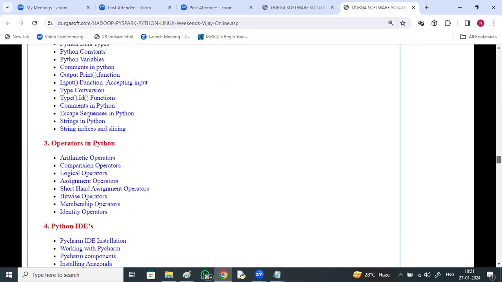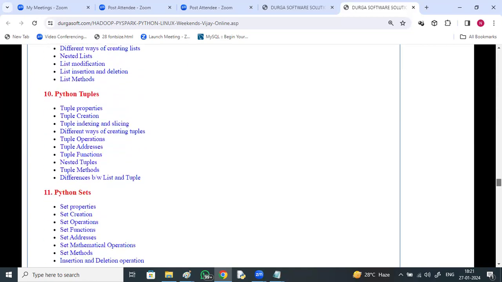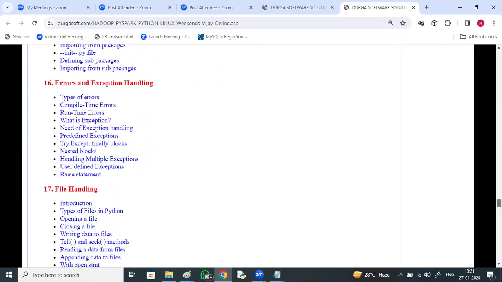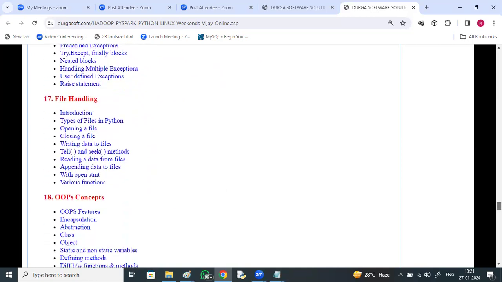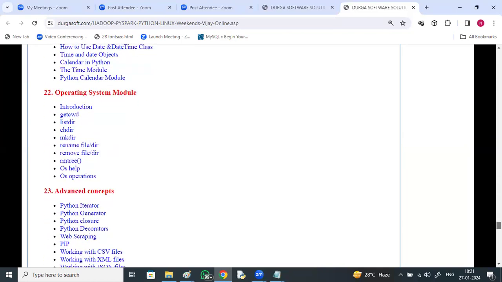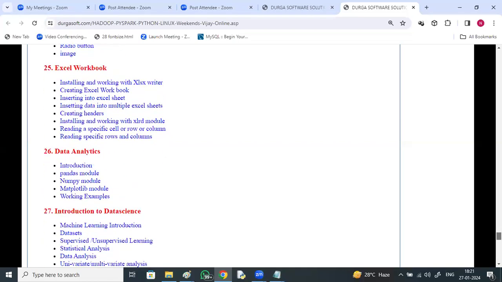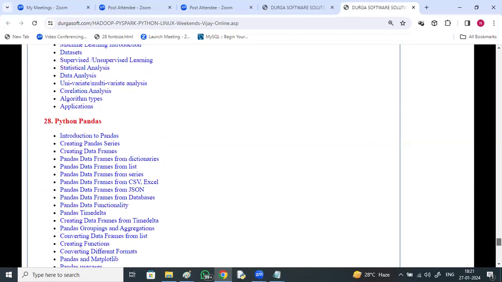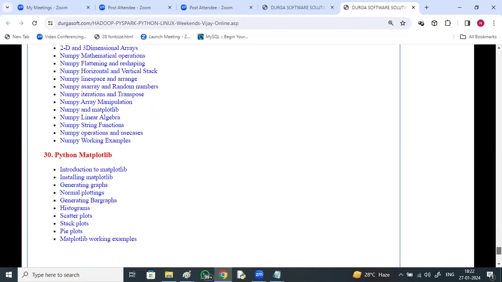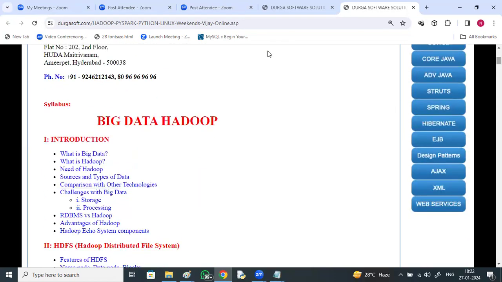Python basics, operations, operators, IDs, flow controls, loops, strings, collections, lists, tuples, sets, dictionaries, functions, modules, packages, exceptions, file handling, object-oriented programming features, regular expressions, database connectivity, Python datetime, OS, advanced concepts, GUI, working with Excel files, data analytics, introduction to data science, Pandas module in brief, NumPy module in brief, Matplotlib module in brief. This is the entire Python course, up to advanced.